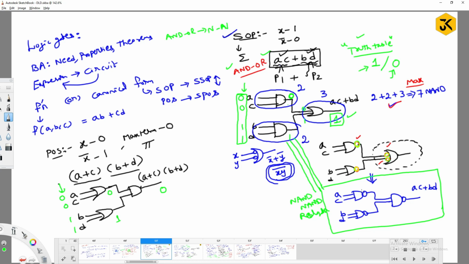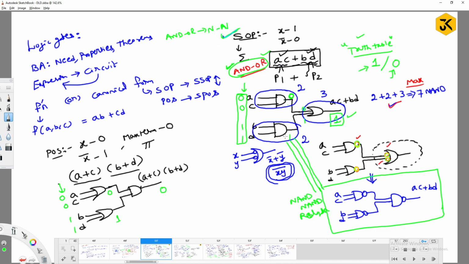That is the simple procedure you have to do. But if you would like to represent anything in the form of NAND gates, it compulsorily should be in the form of AND-OR representation. And if you would like to represent it in AND-OR representation, it compulsorily should be in the form of sum of products.